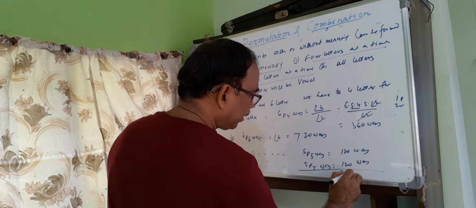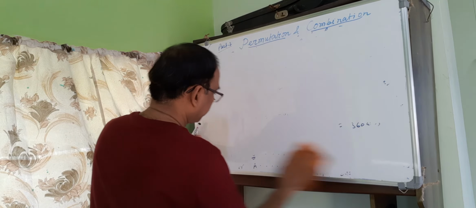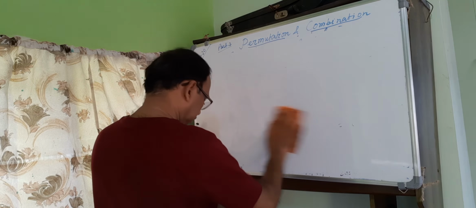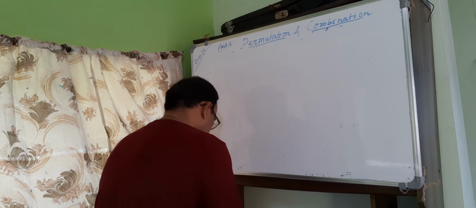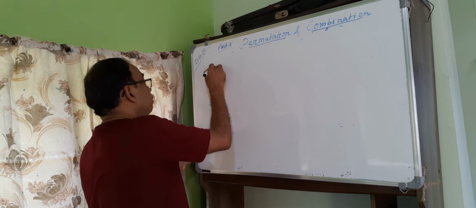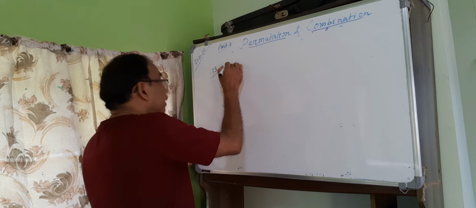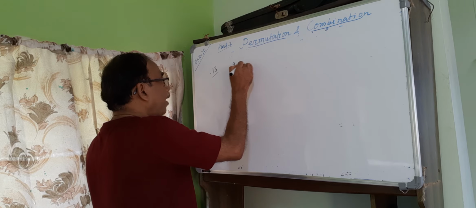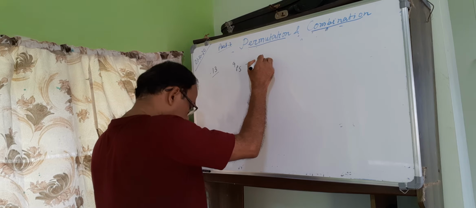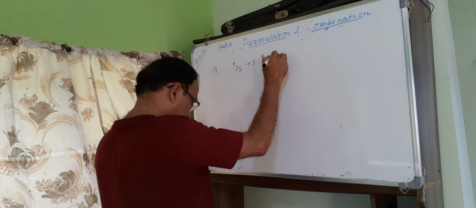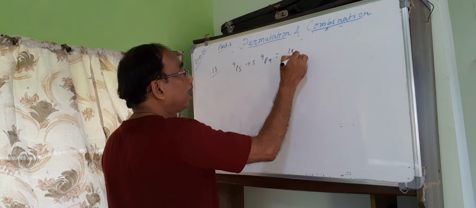Next, do some numerical sum number 13. 9P5 plus 5 into 9P4 equals 10Pr.